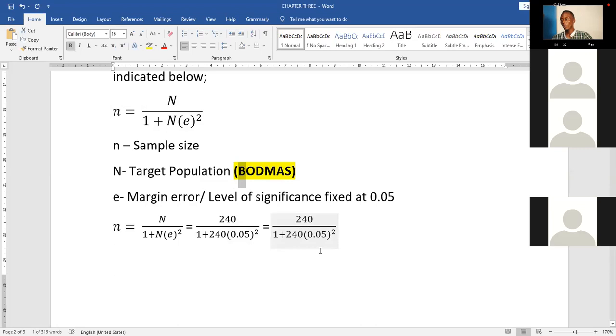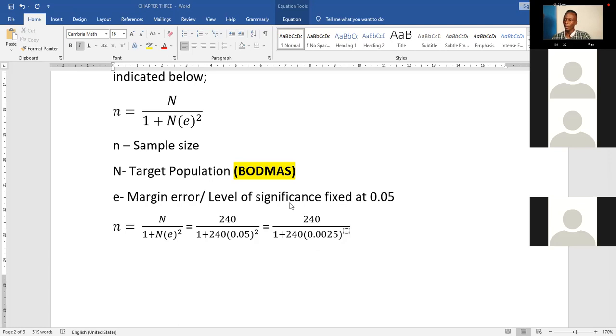Let me bring my calculator. If you have phones or calculators, you can do the mathematics. You'll find that 0.05 squared is 0.0025. I'm going to remove this square because we have calculated. After that, you calculate this multiplied by this. Let me show you on my calculator.